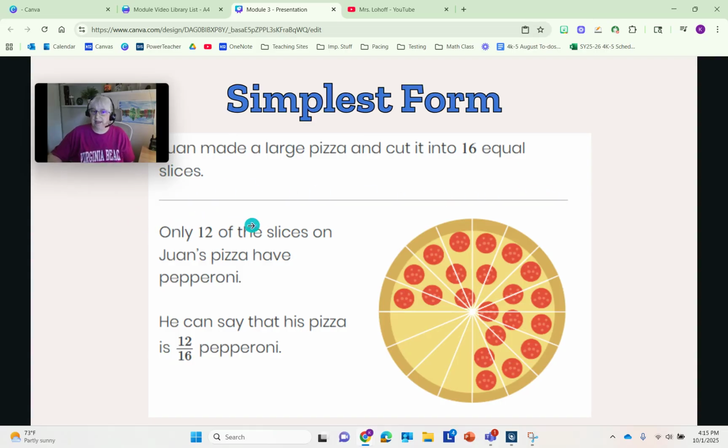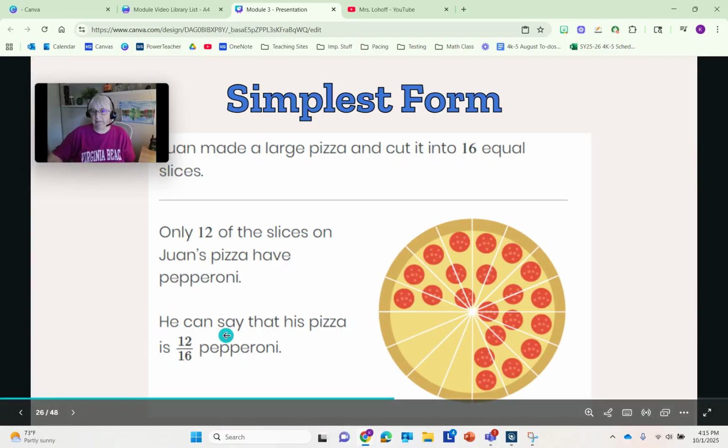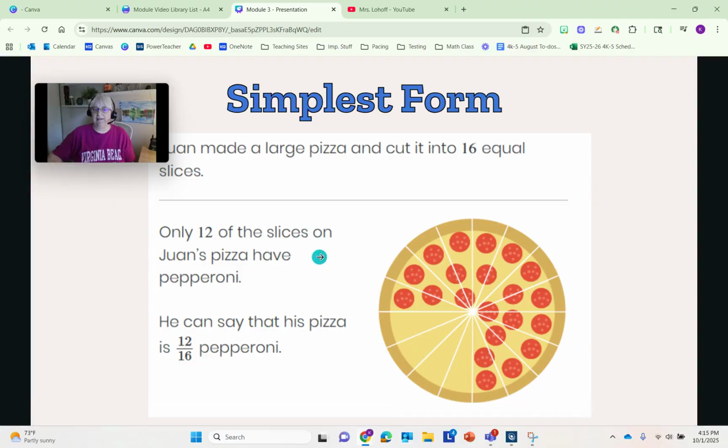Only 12 of the slices on Juan's pizza have pepperoni. Yep, you can see that. The other pizza pieces are just cheese. So he could say that his pizza is 12/16 pepperoni because 12 of the 16 pieces have pepperoni on it. That is a fraction, but it's not a fraction in simplest terms.